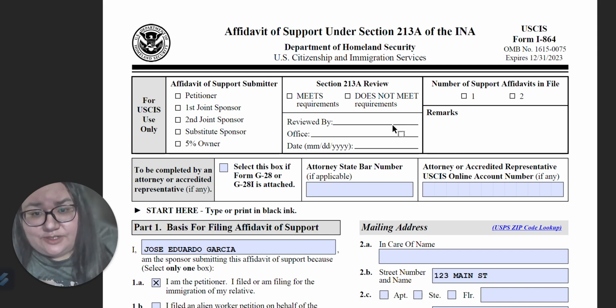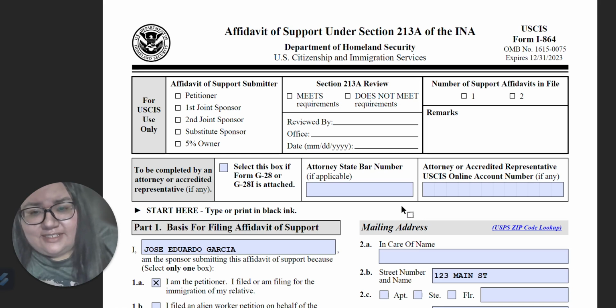With Jose, he gets paid a salary, so he can just go online. Let's say he has his pay stubs in ADP. He goes on ADP.com, downloads the last, let's say, 3 months of his pay stubs, and submits those as well. That is more than enough to show USCIS that he earns enough income to sponsor his wife, Fulanita.